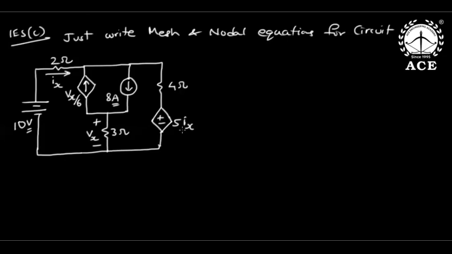Here, there are two independent sources, one independent voltage source and one independent current source, and there are two dependent sources. One is a current dependent voltage source, one is a voltage dependent current source. My question is just write mesh and nodal equations for the circuit below.